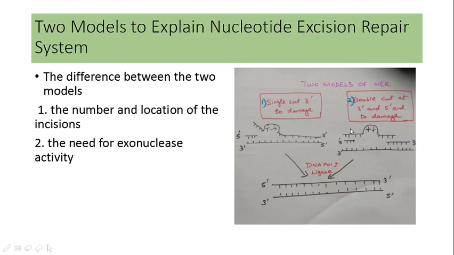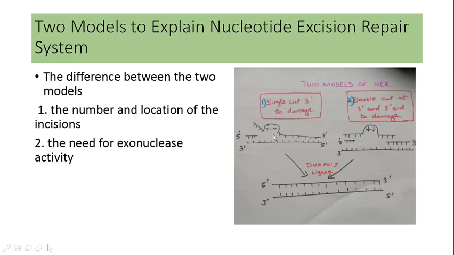So here, in the alternative model, upon recognition of this dimer lesion, UvrABC endonuclease will make two incisions, on the 5' end and also on the 3' end, in the same strand which contains the lesion. Because of these two cuts, there is no need for this exonuclease activity to cut this lesion and remove it.